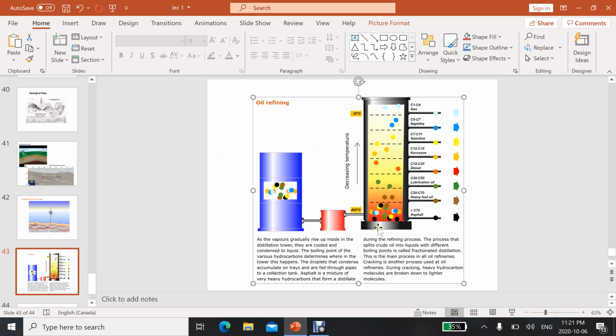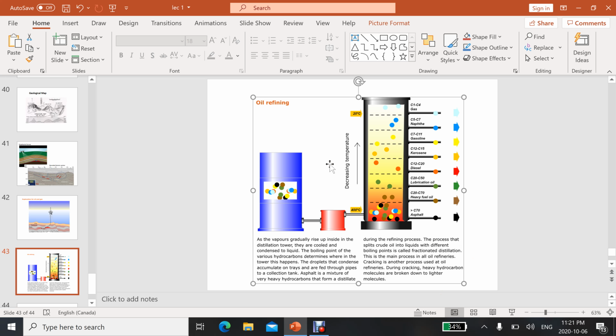The boiling point of the various hydrocarbons determines where in the tower this happens. The droplets that condense accumulate on trays and are fed through pipes to a collection tank. Asphalt is a mixture of very heavy hydrocarbons that form a distillate during the refining process. Okay, you can read these basic steps.